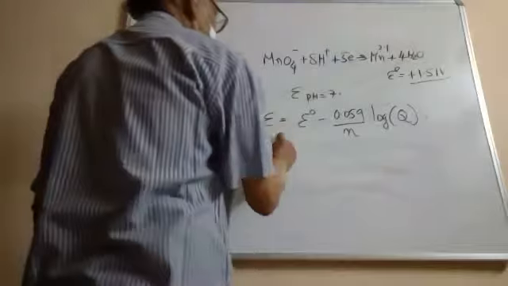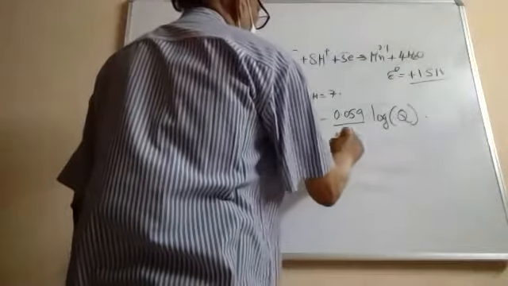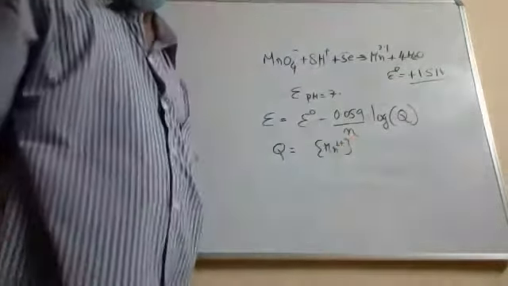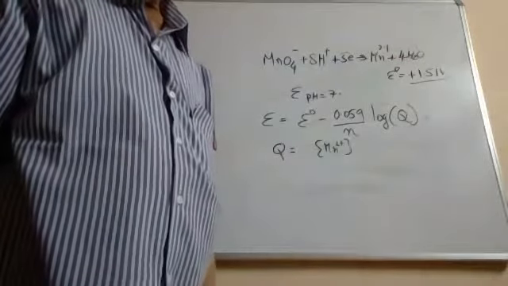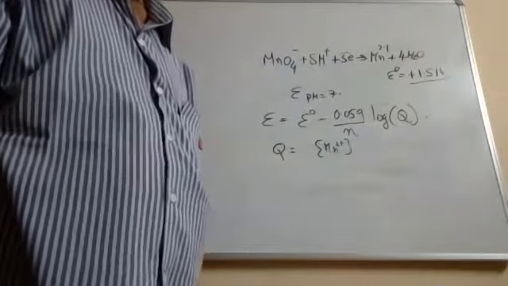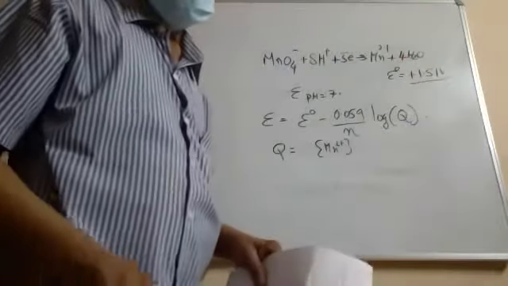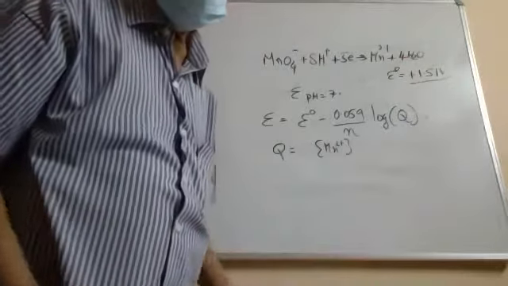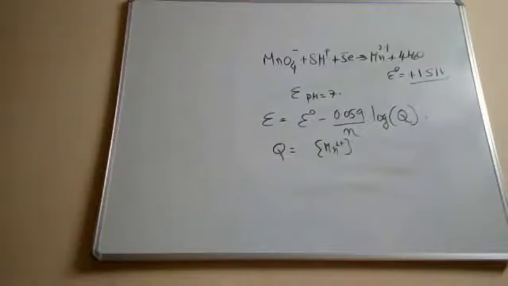In this case, the Q basically is the concentration of Mn2 plus. Should I include the concentration of water? Do I have to know the concentration of water? John? No. You are correct. Why? We never include water.